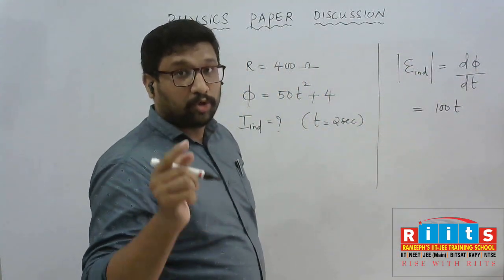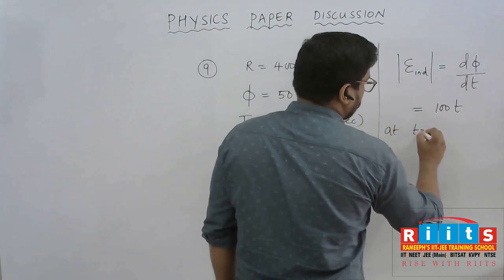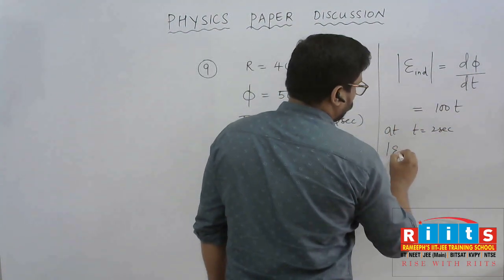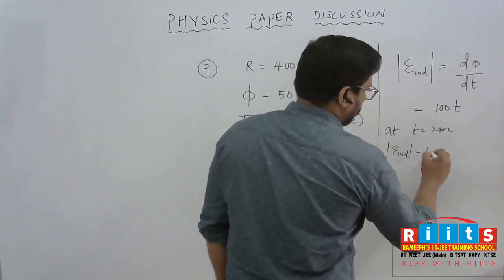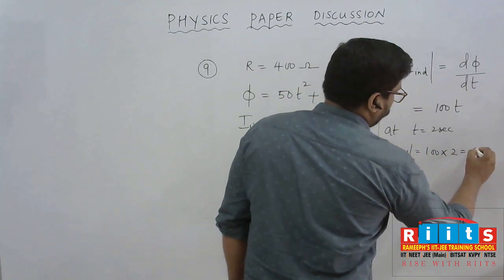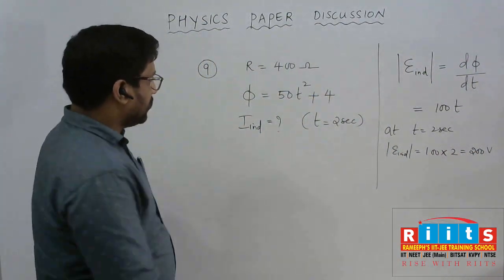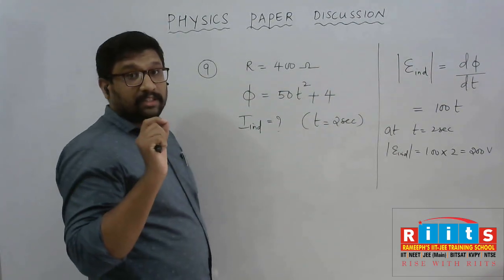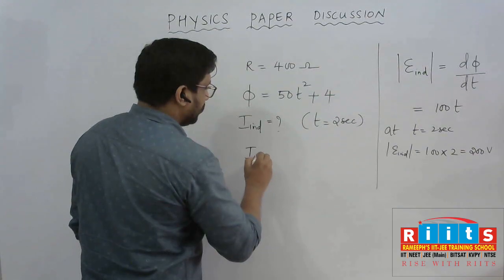Especially at t is equal to 2 seconds, they are asking the question. So at t is equal to 2 seconds, what is the magnitude of induced EMF? It is nothing but 100 into 2, which is 200 volt. Now they are asking what is the value of induced current. If you know the induced EMF, the induced current is very easy.